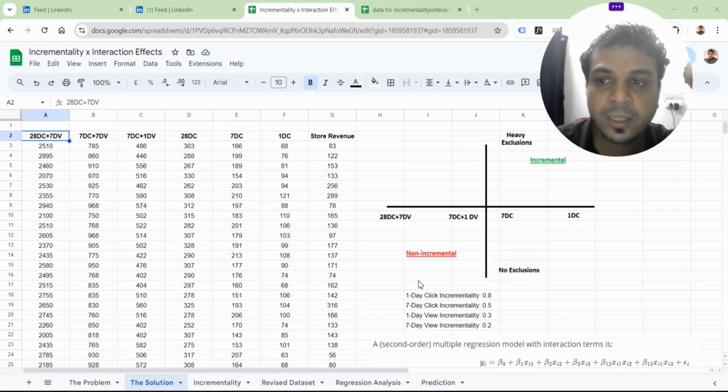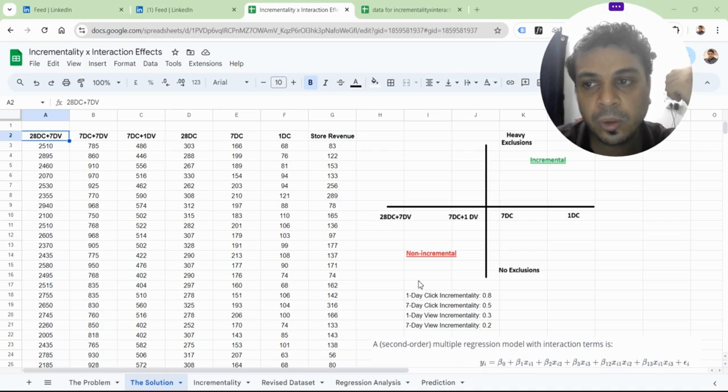So what we are going to do here is take each attribution window based revenue, that's attributed to Meta according to different attribution windows, and then we're going to multiply the value for each of these data points with a particular incrementality factor for that particular window.